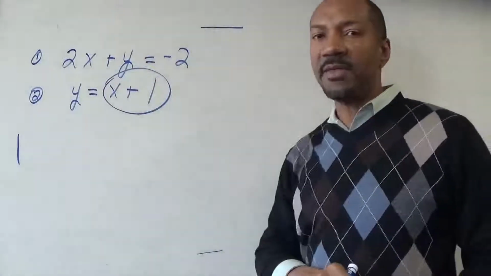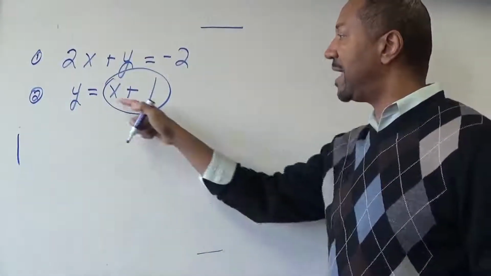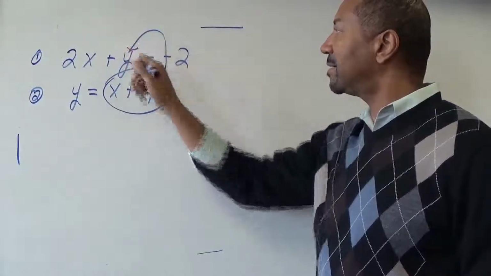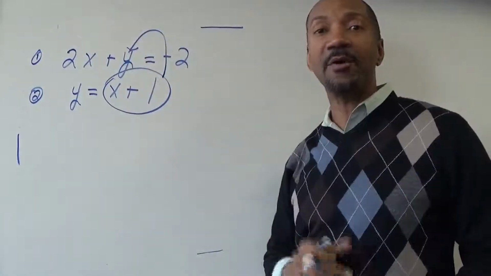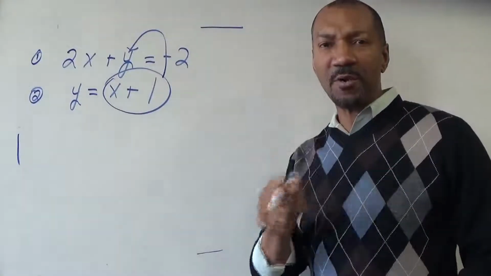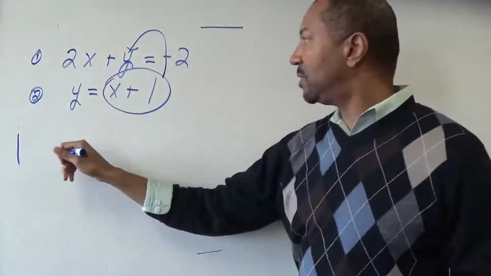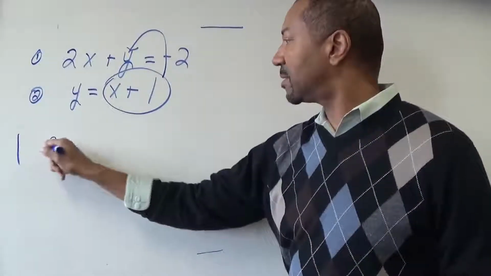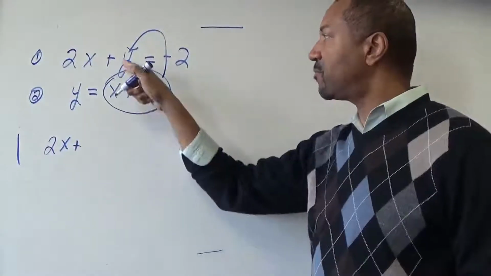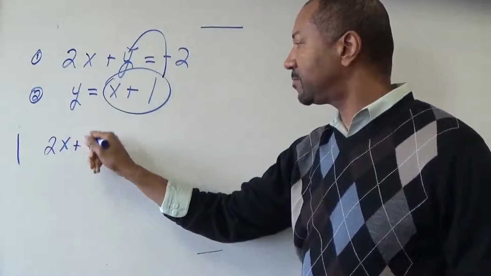They call this method substitution because I'm going to substitute this x plus 1 into the y that's in the other equation. So let's rewrite that first equation with the substitution. It will look like this. 2x plus, now instead of writing y, go ahead and write down your x plus 1.